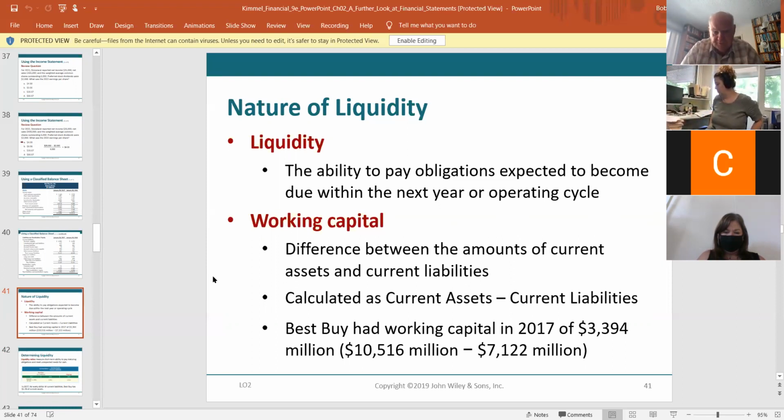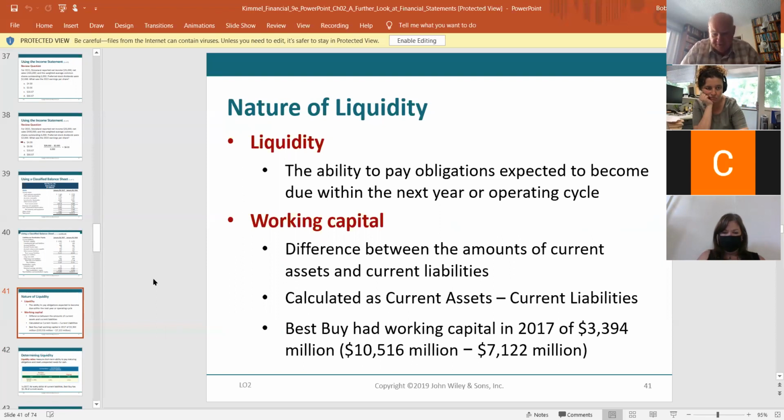Best Buy has, and we know that number is $1 billion, but they have 3,394 million in working capital. Their current assets were 10,516, and their current liabilities were 7,122. The difference is the 3,394.